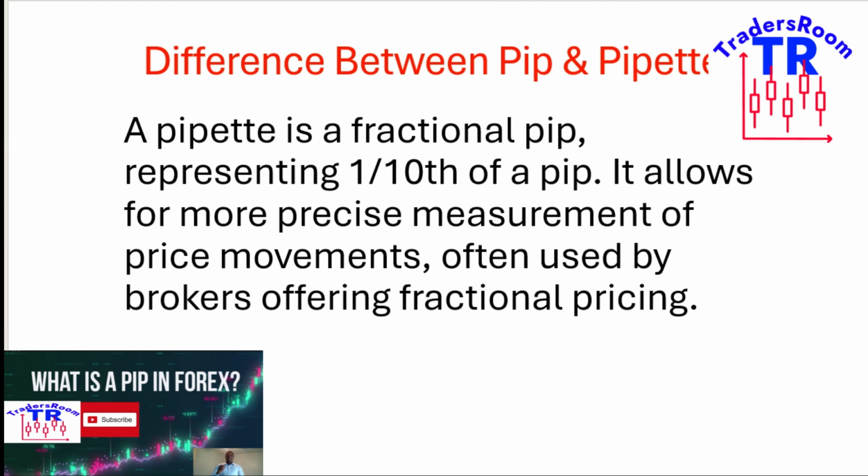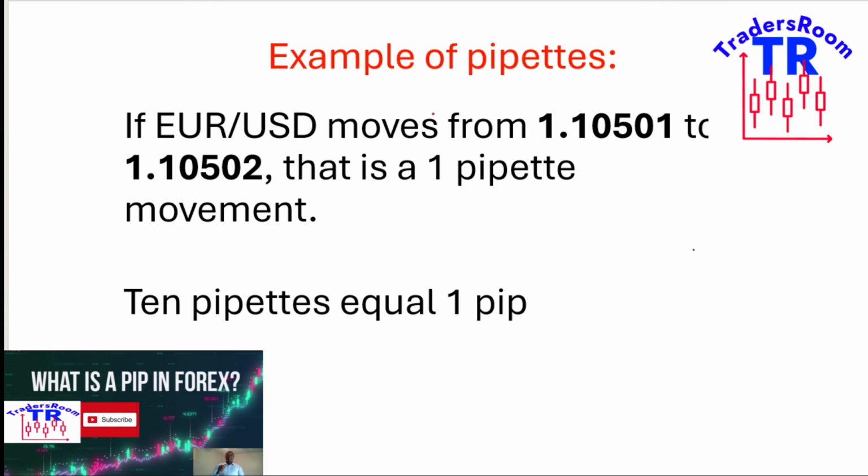It is common for you to find a number like this. Let's say in the Euro USD that we are using, the market moves from 1.10501 to 1.10502.